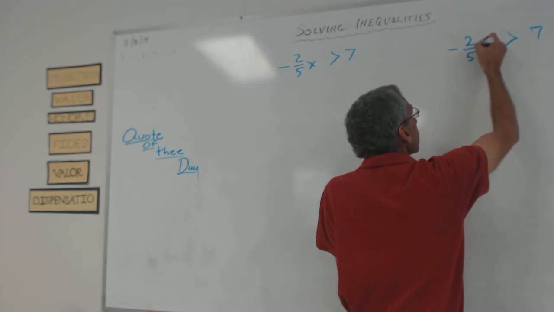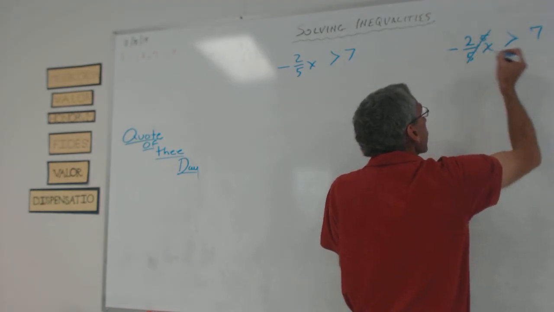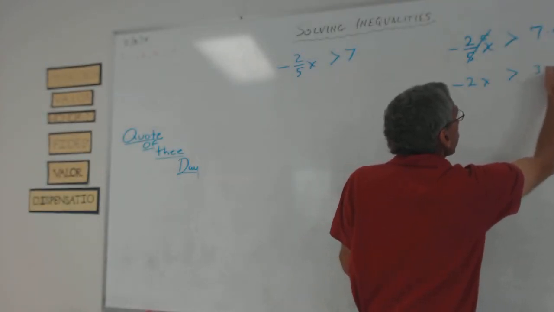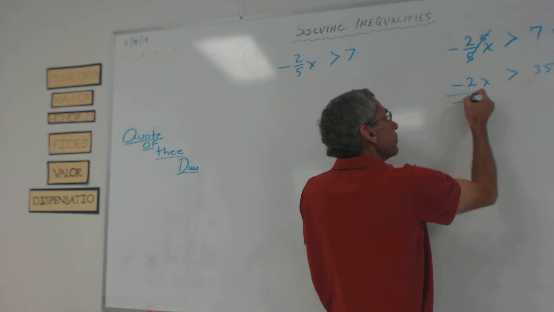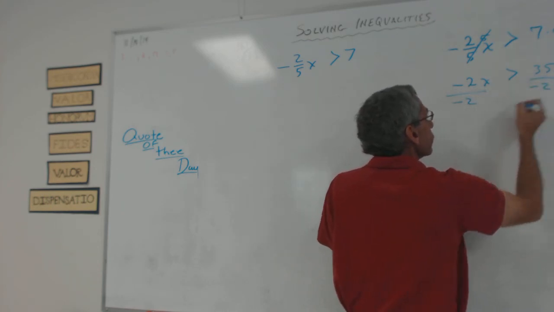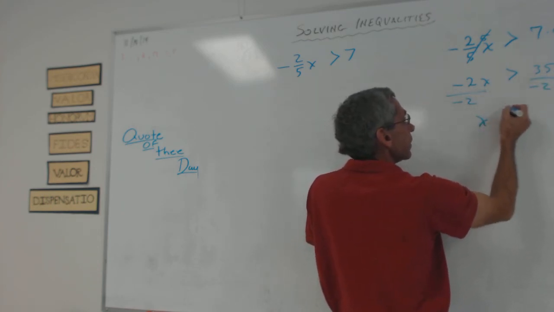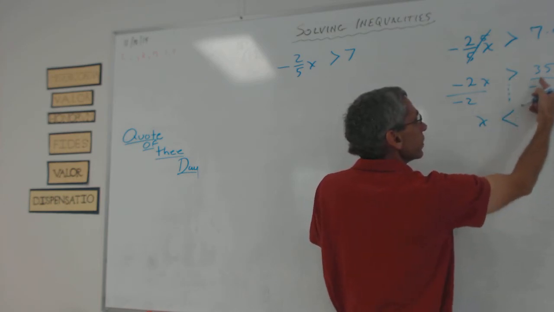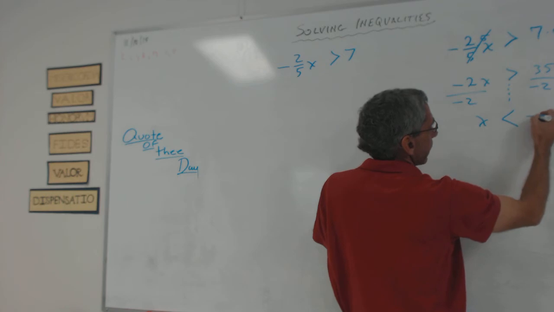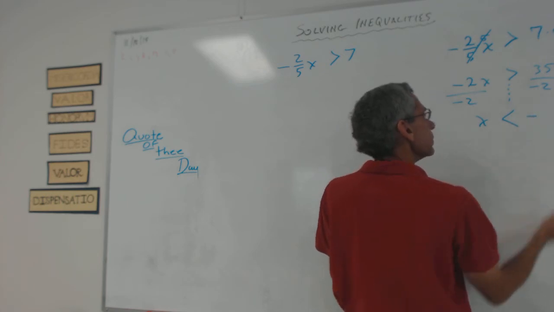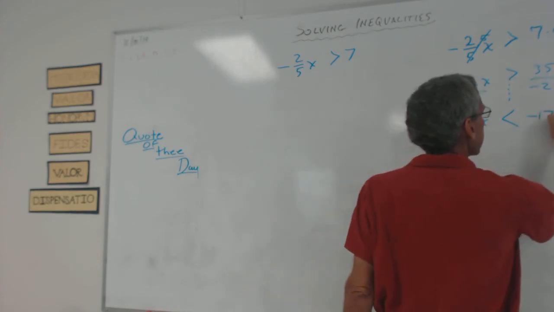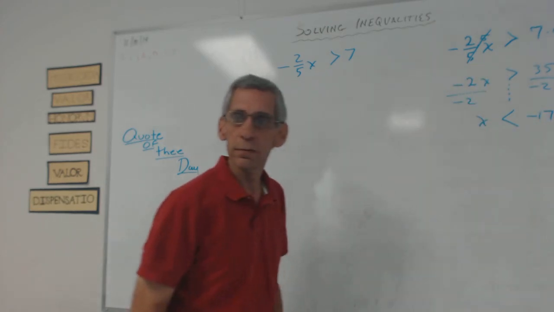So I'll multiply this times 5, those 5s cross out, multiply this times 5, and suddenly I've got negative 2x is greater than 35. Divide by negative 2, divide by negative 2, and then x is less than, the sign flips, negative 17.5, right? Yeah.